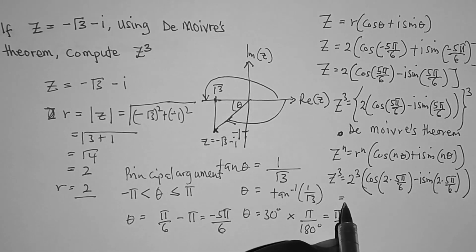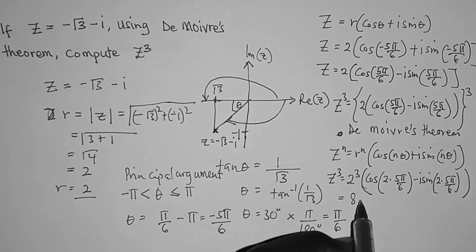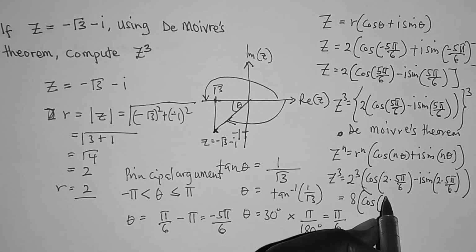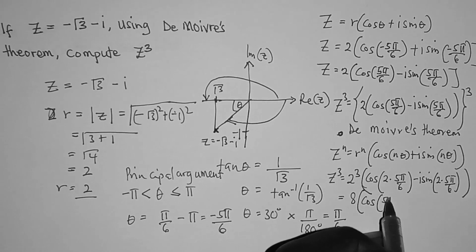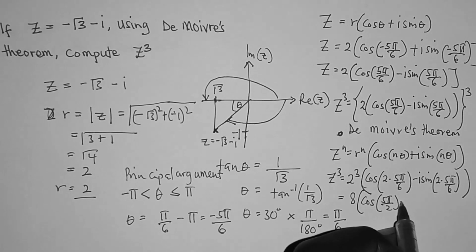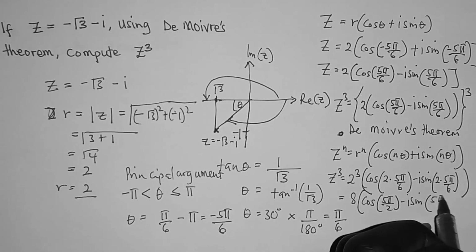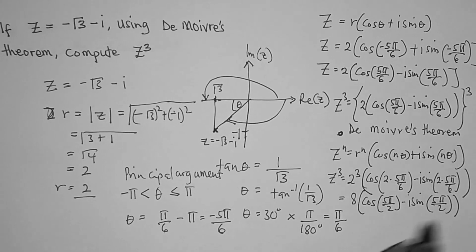So this is equal to 8 times (cos 5 pi over 2 minus i sine 5 pi over 2).